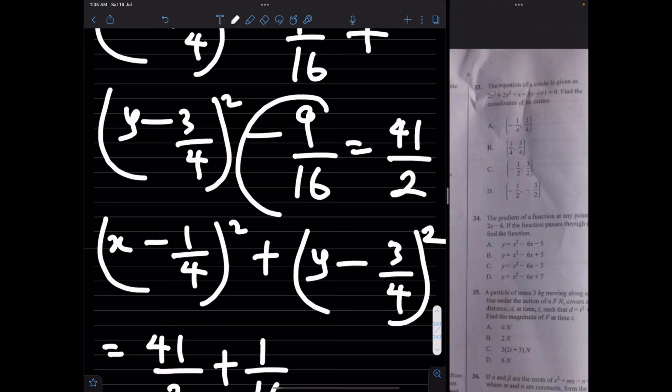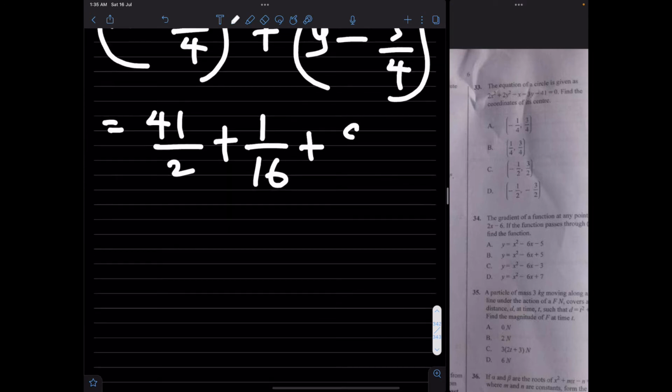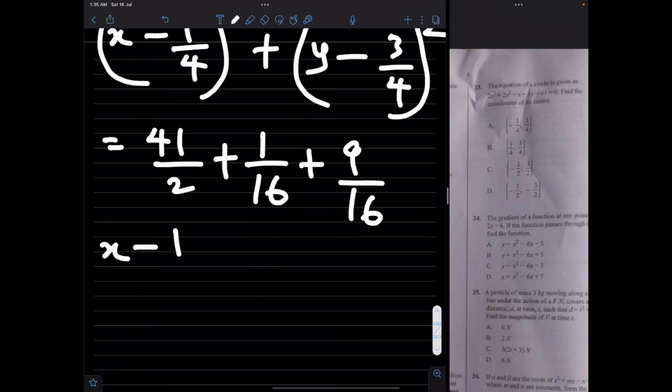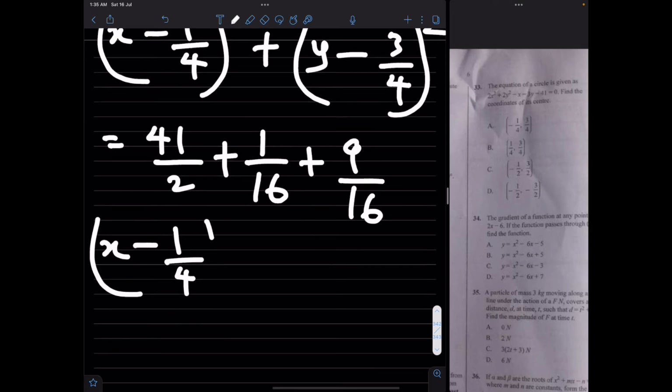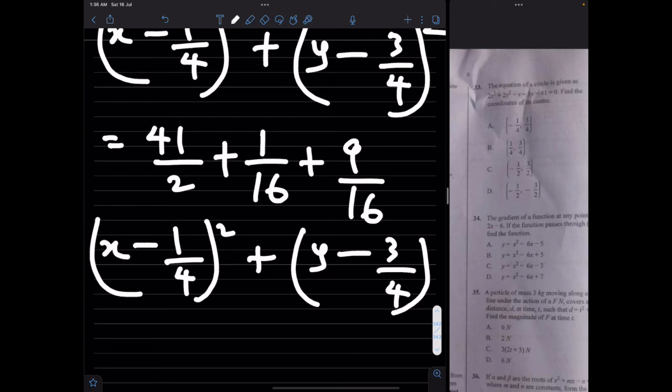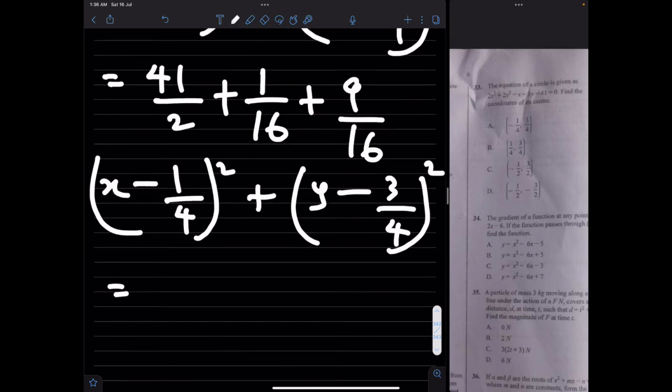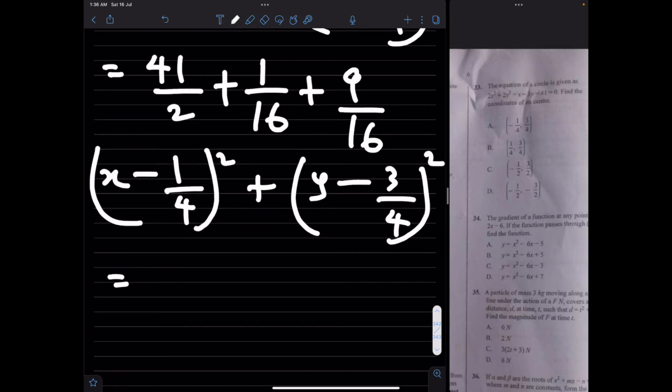And when minus 9 over 16 gets to the right hand side, it becomes plus 9 over 16. And what do we have? The square of x minus 1 over 4 plus the square of y minus 3 over 4 equals 41 over 2 plus 1 over 16 plus 9 over 16.